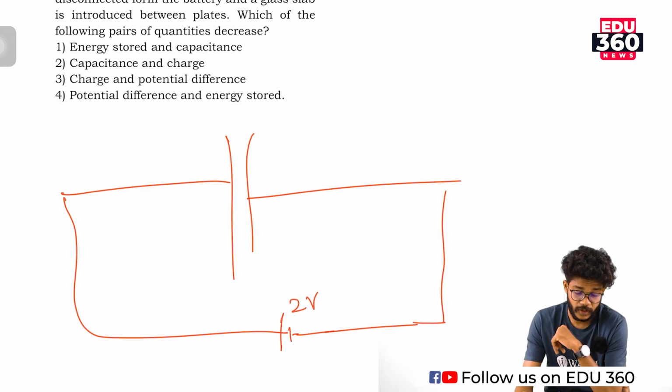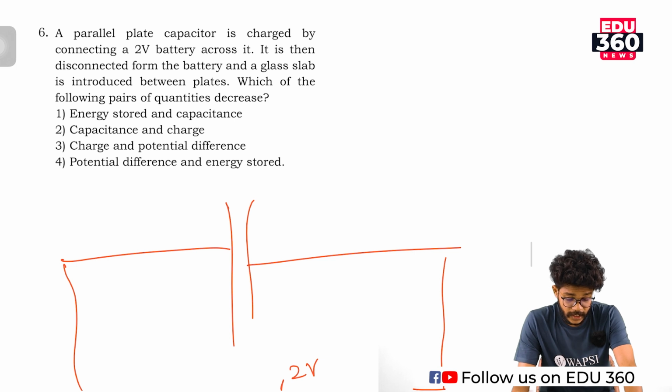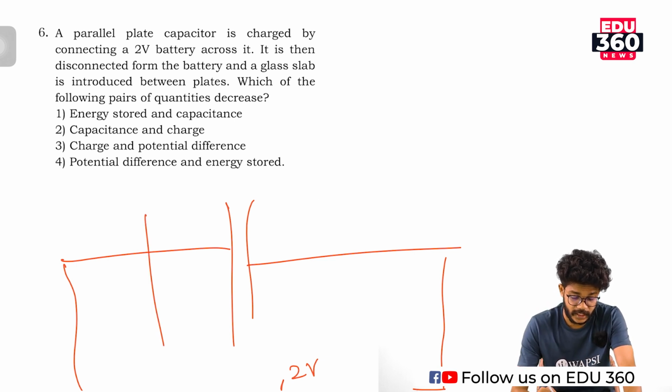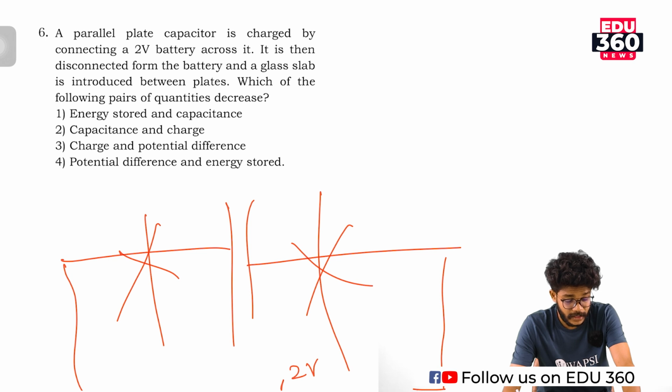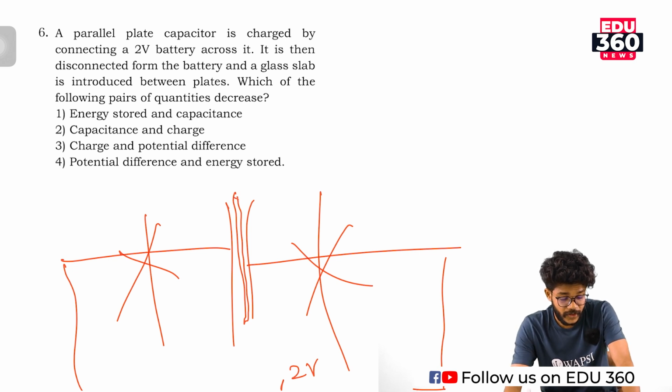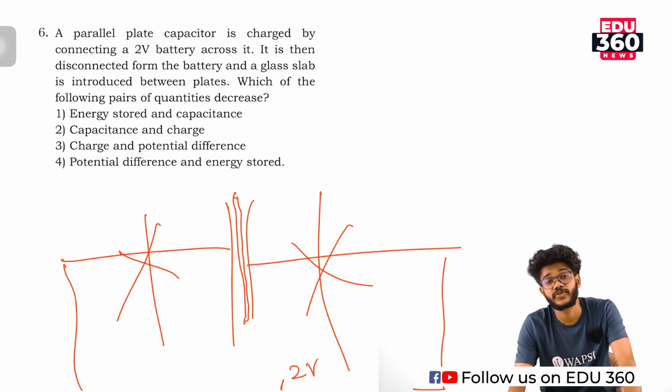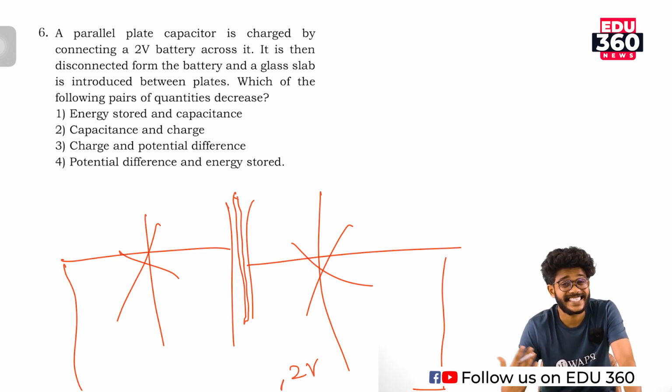It is fully charged, then it is disconnected from the battery, and a glass slab is introduced between the plates. Which of the following pair of quantities decrease? So which of these quantities is getting decreased?